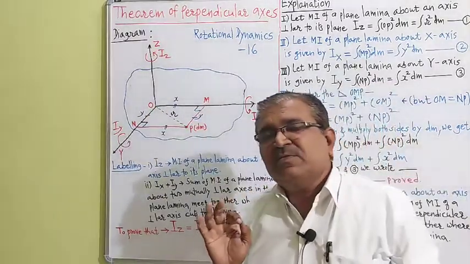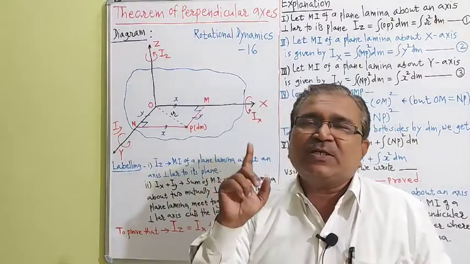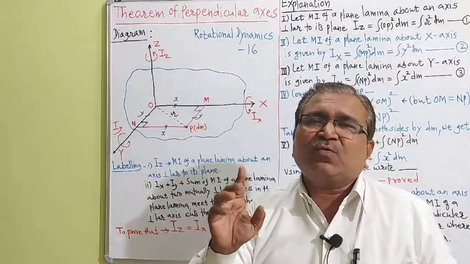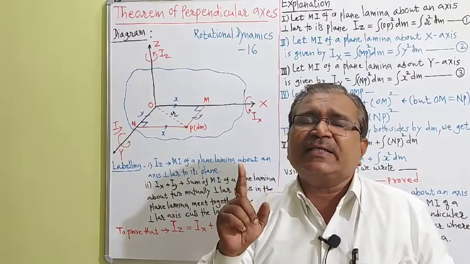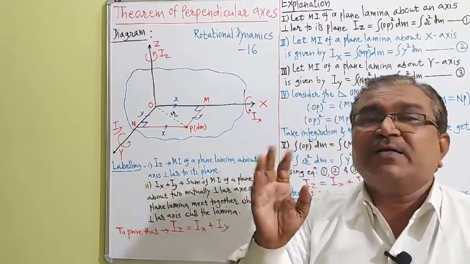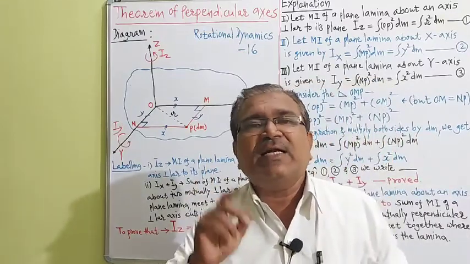Before that, what is Iz? What is Ix plus Iy? What are the values of Iz, Ix, and Iy? That we will have to learn at first.